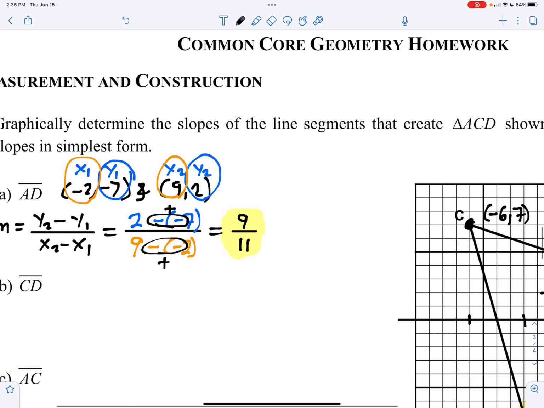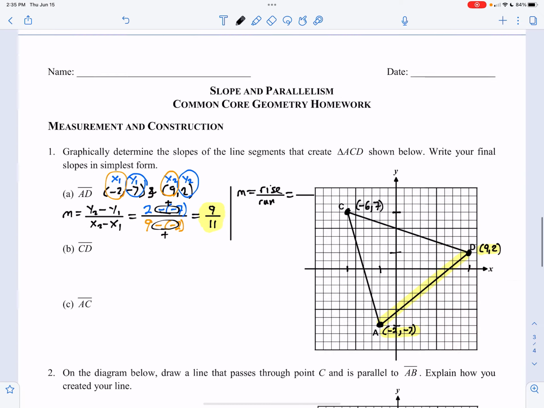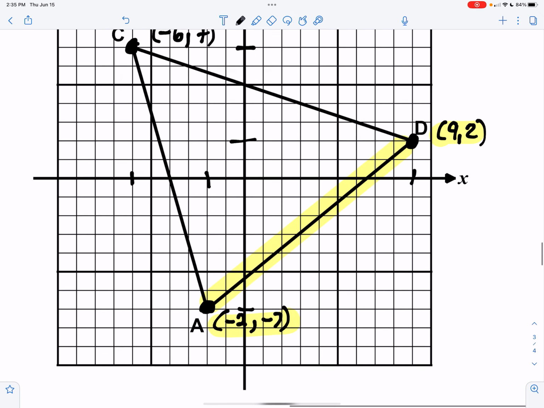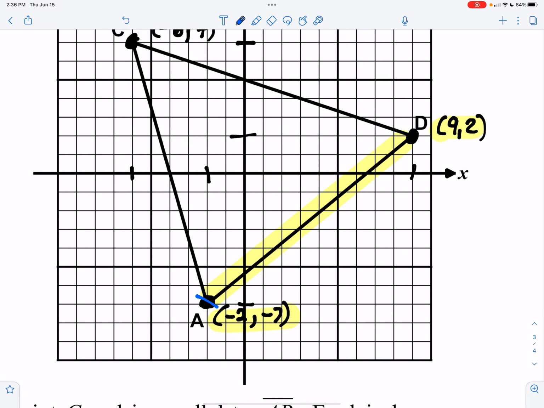The other way to do it is by simply using slope equals rise over run. Okay, and here's what I mean by that. You're literally going to go from one point to another point. So if I go from A to D, I have to rise 1, 2, 3, 4, 5, 6, 7, 8, 9.